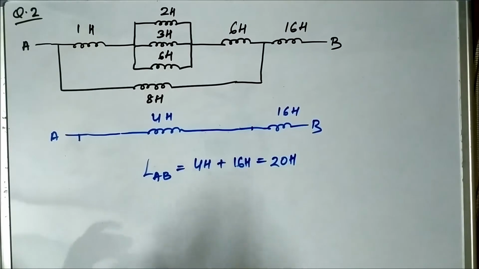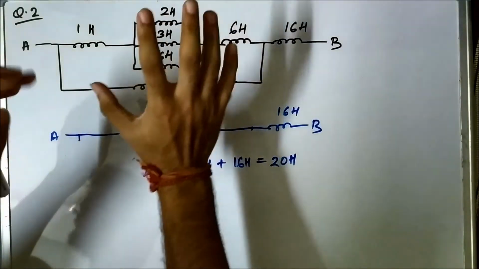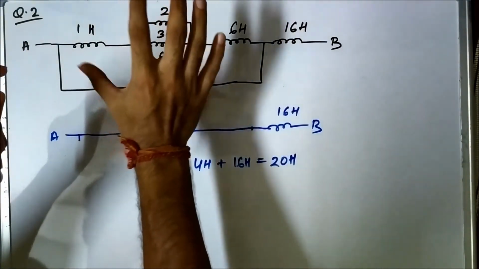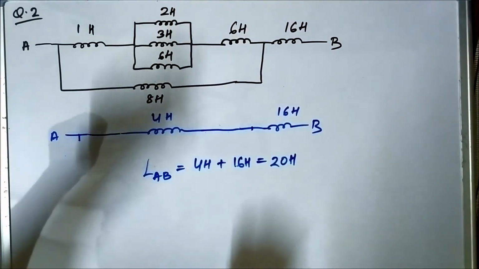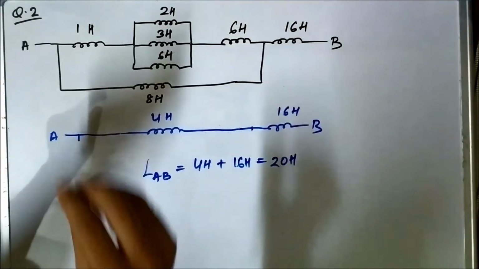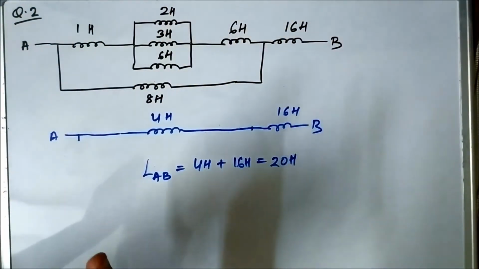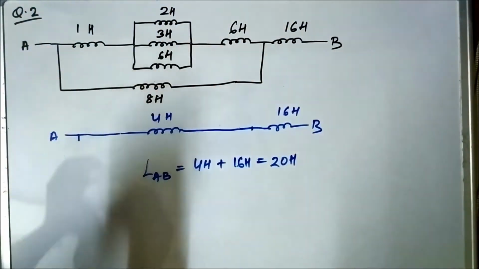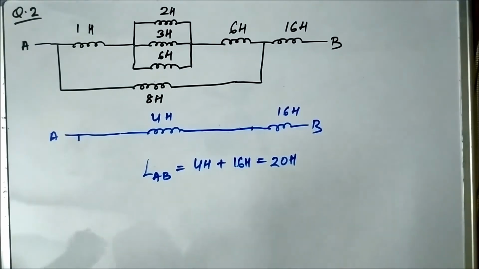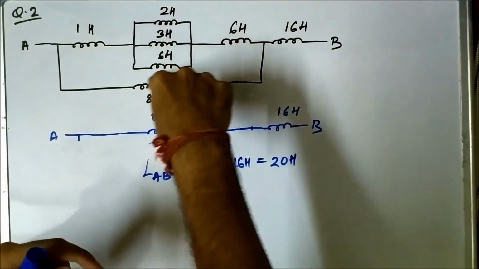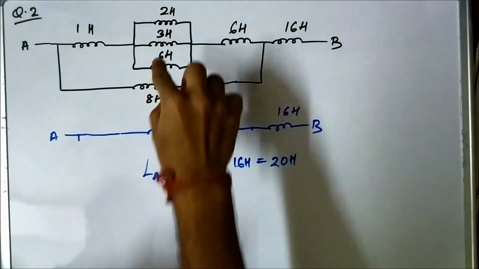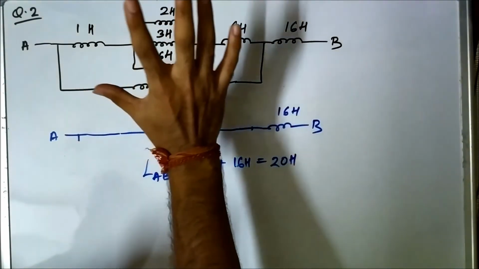So you see how we picked a certain portion in the circuit, we solved it, we reduced it, then we gradually solved by identifying patterns of connection. The first thing which must strike your mind when you look at this circuit is that these three inductors are connected in parallel.